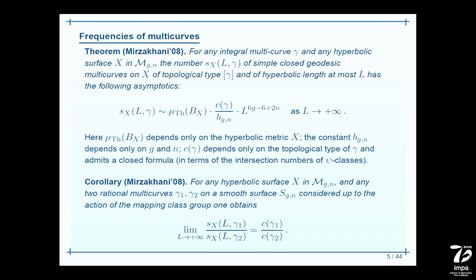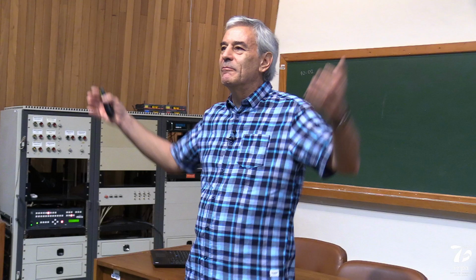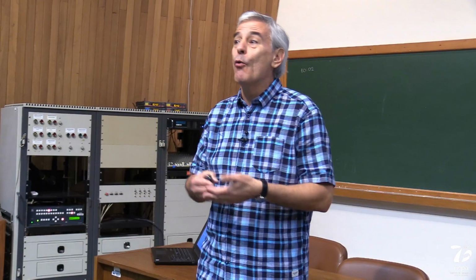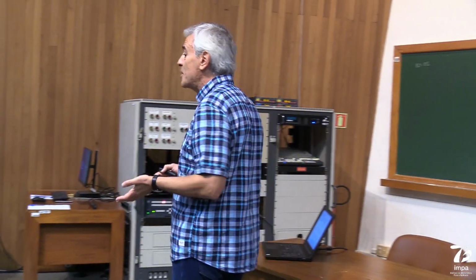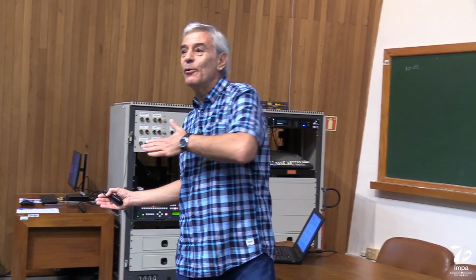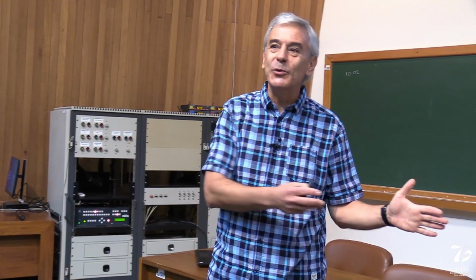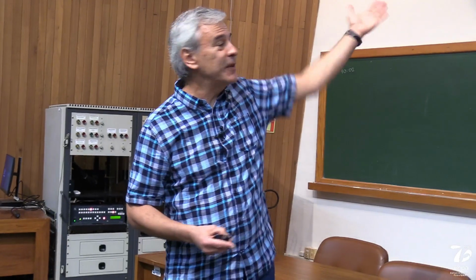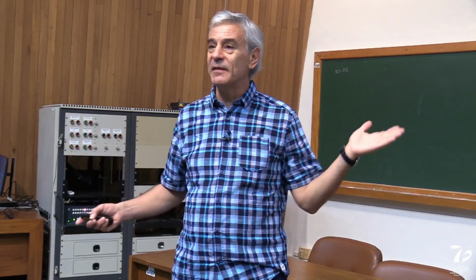And I should say that when you see this theorem for the first time, it sounds completely crazy. How can it not depend on the hyperbolic metric? I can create hyperbolic surfaces of arbitrarily peculiar hyperbolic metric. I can pinch them. I can consider cyclic covers. Of course, they would have very particular length spectrum. So it is sort of the result on the opposite of what Vadim was telling. This thing does not see the hyperbolic metric asymptotically.